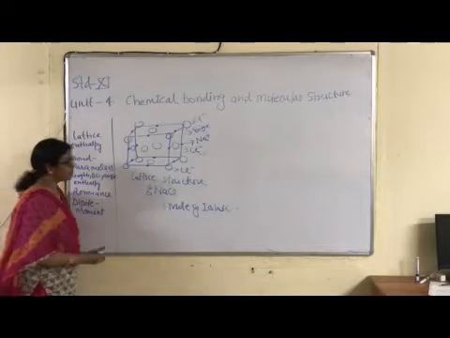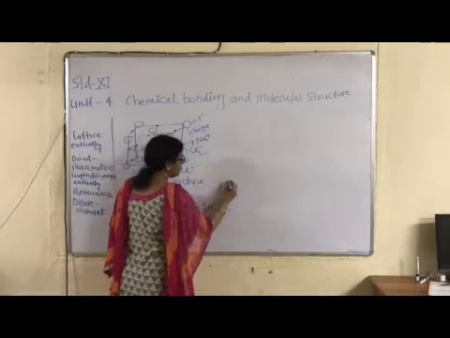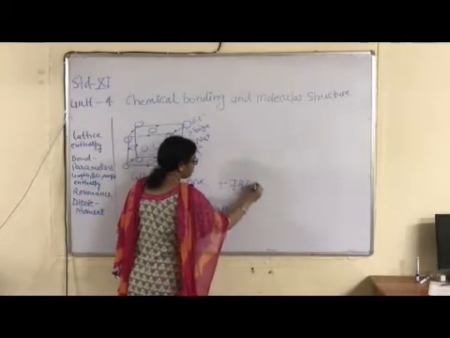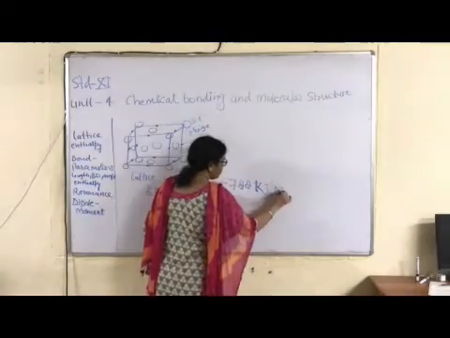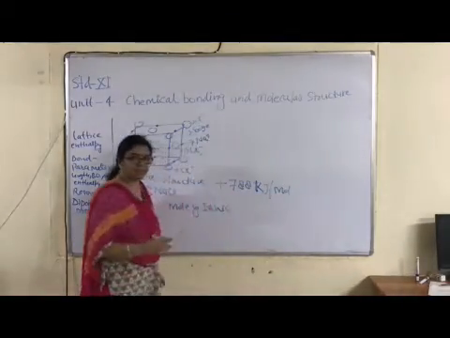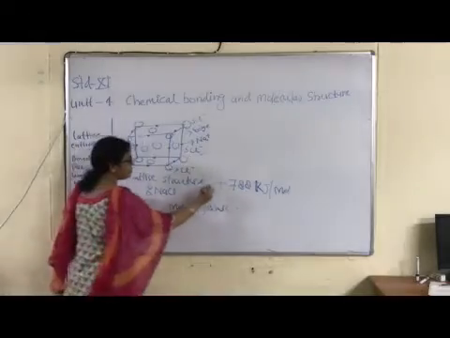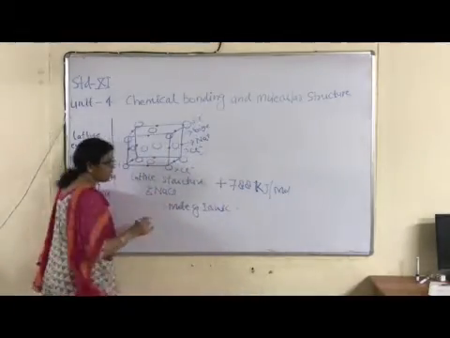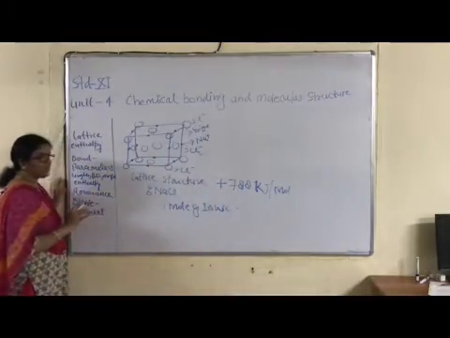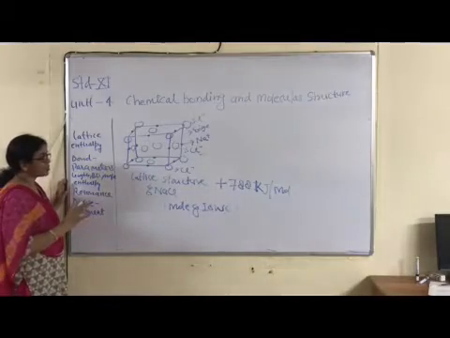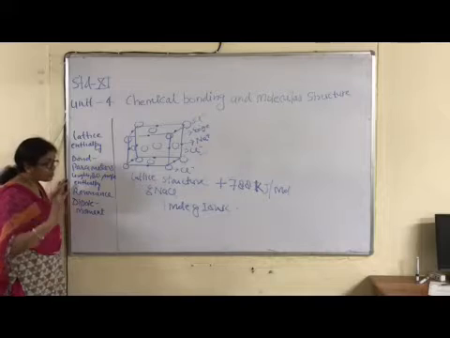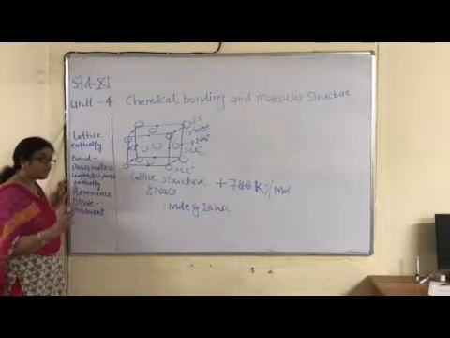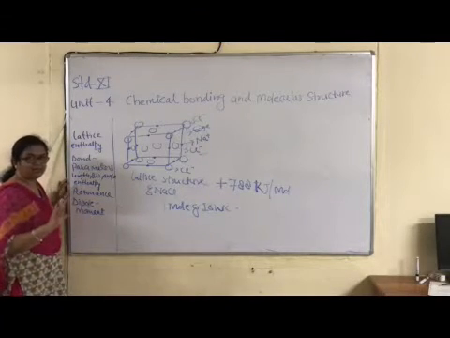This is an endothermic process, plus 788 kilojoule per mole, right? Plus means requirement. This is an endothermic process and the amount is fixed, 788. In the reverse process, during formation of 1 mole of sodium chloride, the same amount of energy is lost.